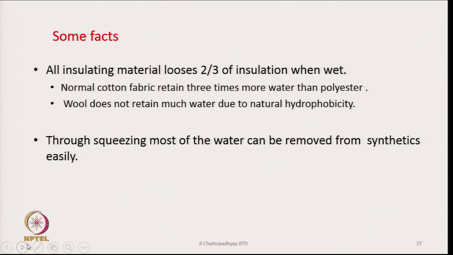So, if you drop some water on the wool, it will simply slide down, but it can absorb moisture. The moisture regain of wool is very high, much more than cotton. So, moisture it can absorb slowly, but water drops, it will not absorb, it will simply roll down. Through squeezing, most of the water can be removed from synthetics easily, but this cannot be done so easily from cotton.